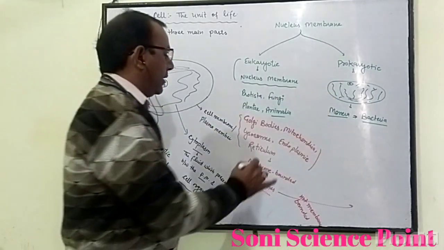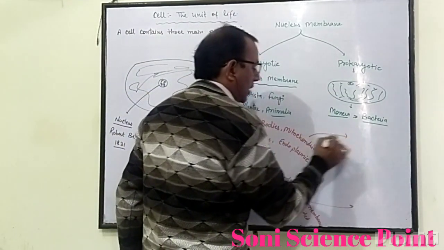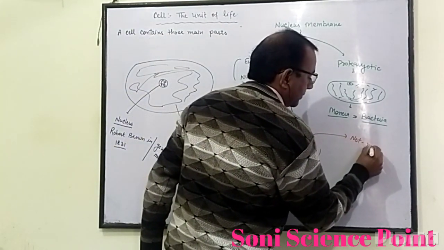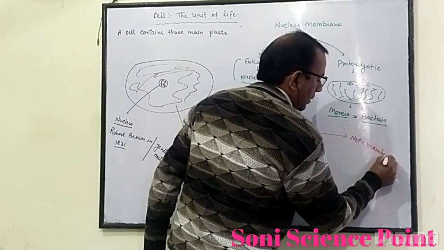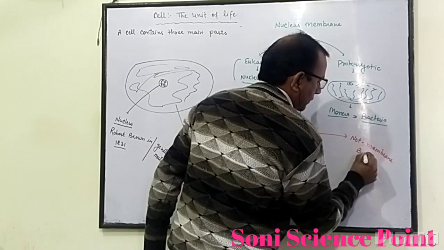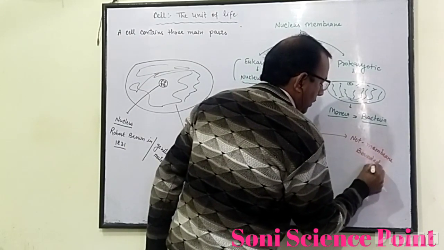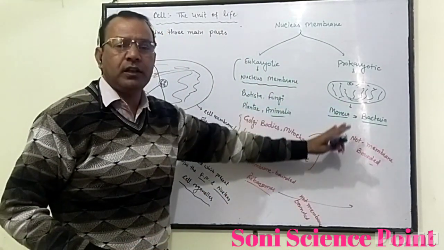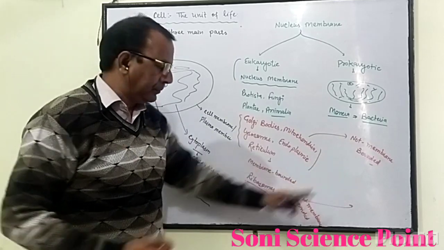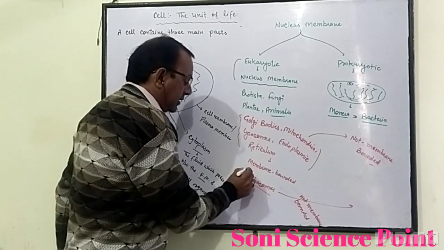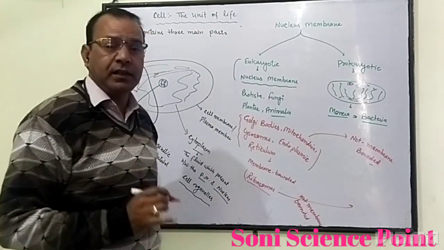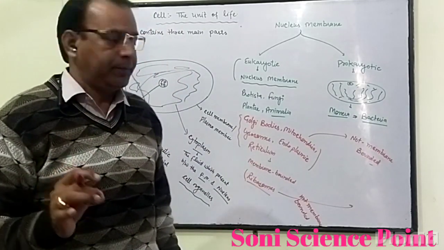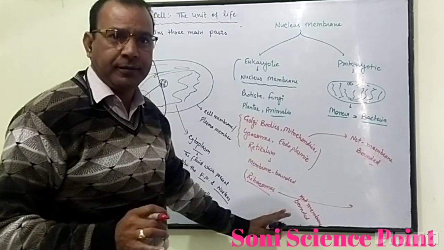In prokaryotic, these organelles are present, not membrane bounded. In eukaryotic, these cell organelles are found membrane bounded. In prokaryotic, no membrane bounded organelles are present. Ribosome is an exceptional case. Whether the cell is eukaryotic or prokaryotic, it doesn't contain membrane.